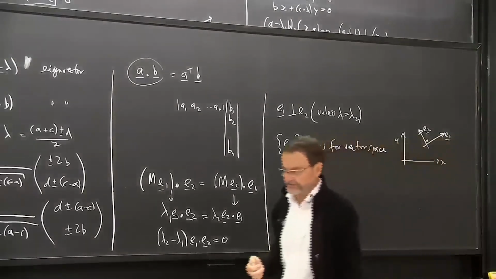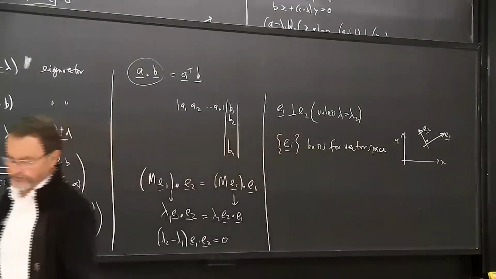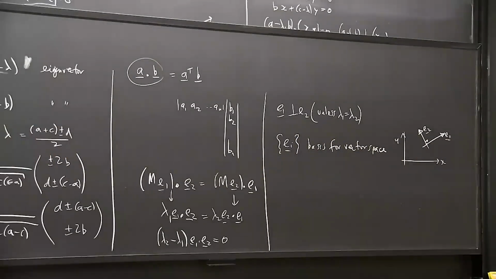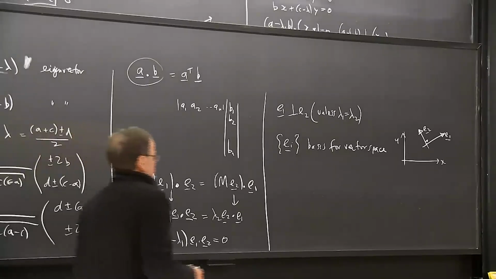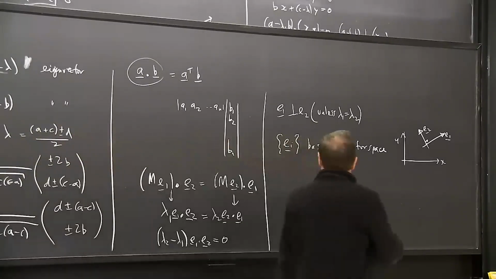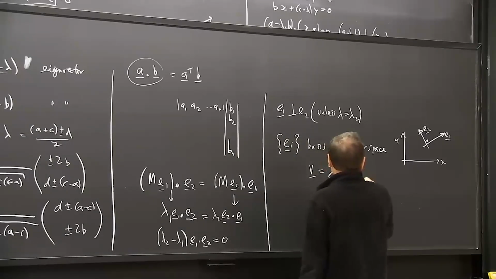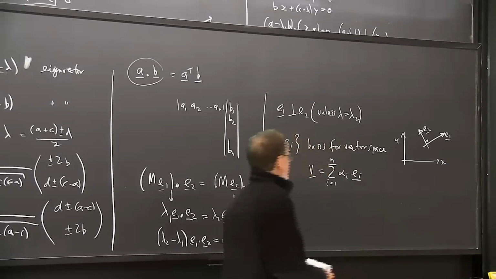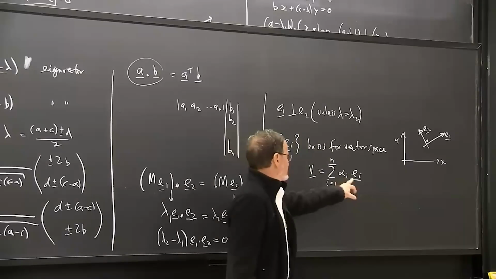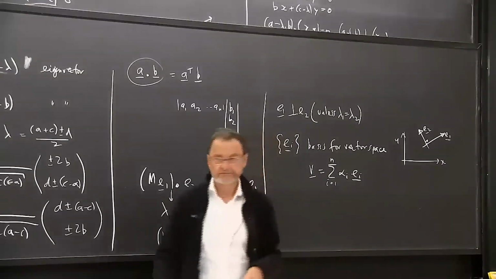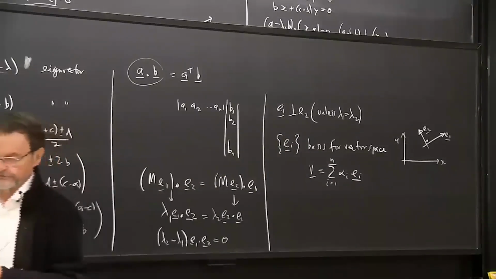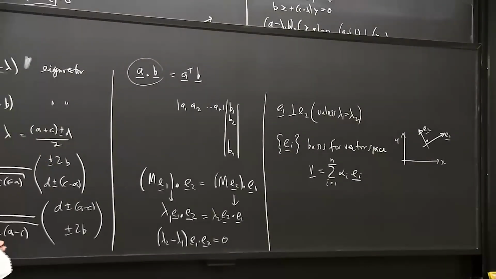And of course, I can use those to talk about points in the plane, just as I can use my original x and y axes. They form a basis. And so that means that I can write any vector as a weighted sum of these eigenvectors. So because they form a basis. Okay.